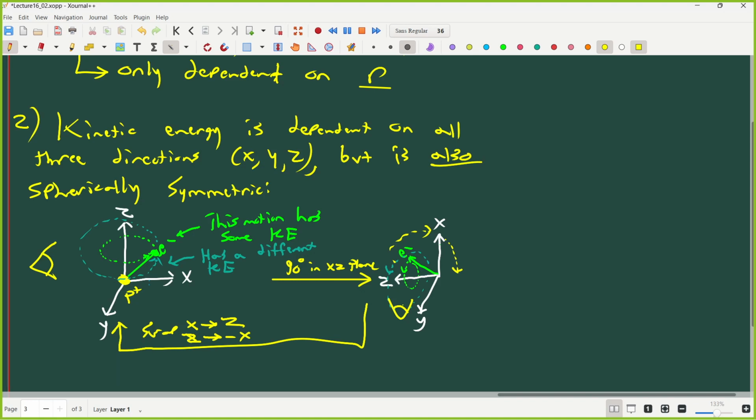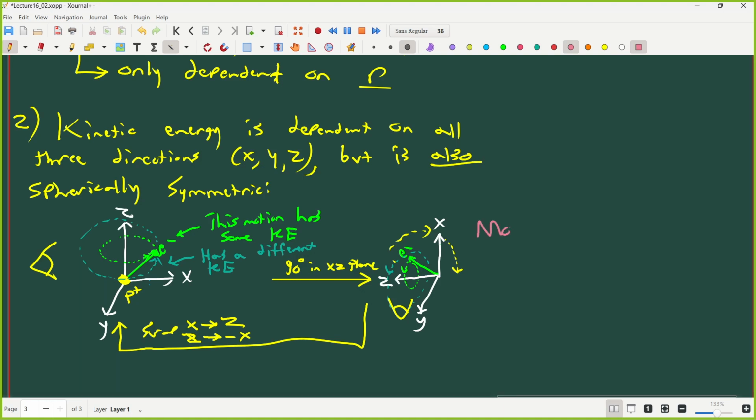The important thing about the hydrogen atom is that it preserves the symmetry of a sphere. A sphere looks the same in all directions. So the motion of the electron around the proton preserves the symmetry of a sphere.